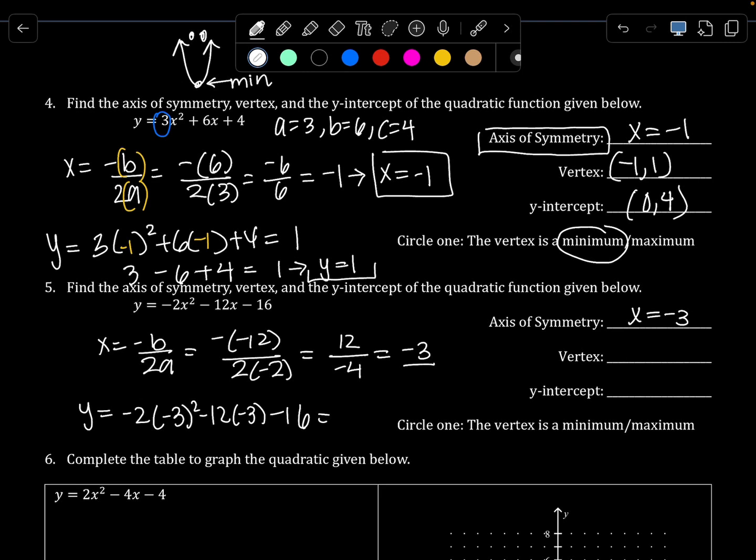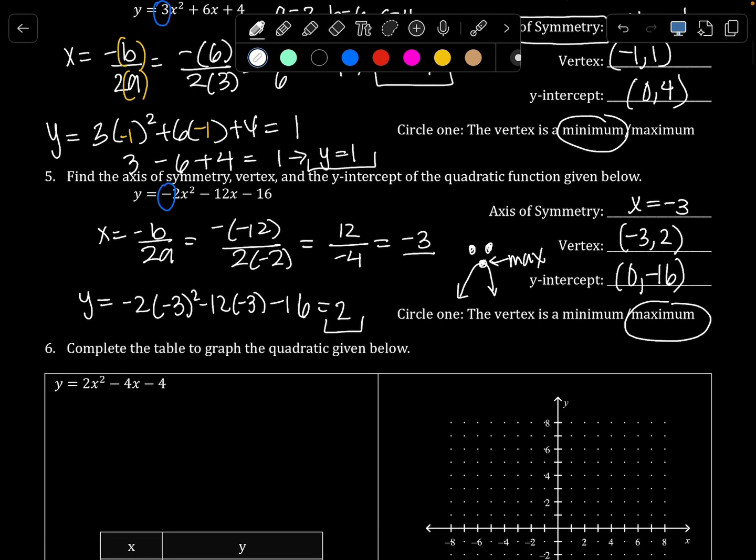Go ahead and grab mine. All right, and we got 2. So therefore, we got negative 3 comma 2. Y-intercept is just the C value, 0 comma negative 16. And then are we smiling or are we frowning? It's negative 2. We have a little frowny face. So therefore we have a max.